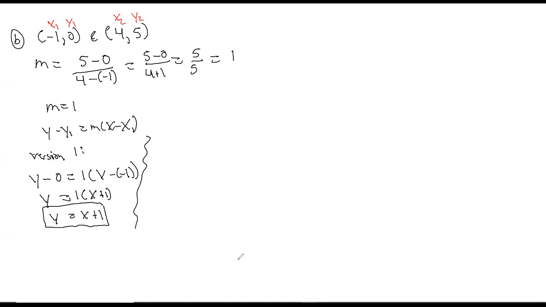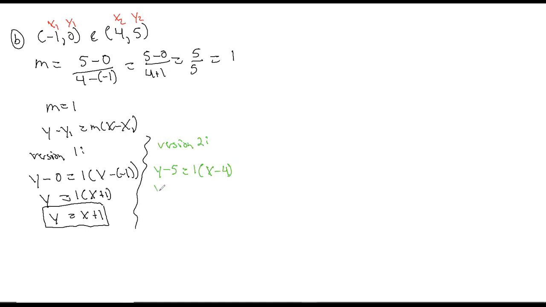In a different color, I'll do another version. Let's do this in green. So version 2. That would be y minus, now we're going to use the 4 and the 5 instead. So y minus 5 equals the m, which is still 1, that stays the same, then x minus the x coordinate, which was 4.